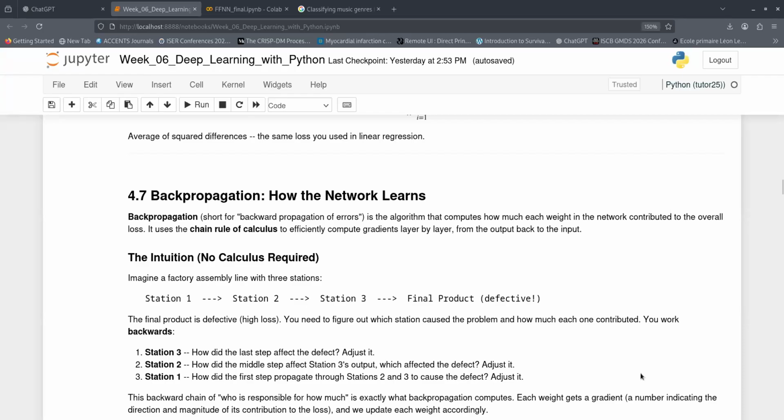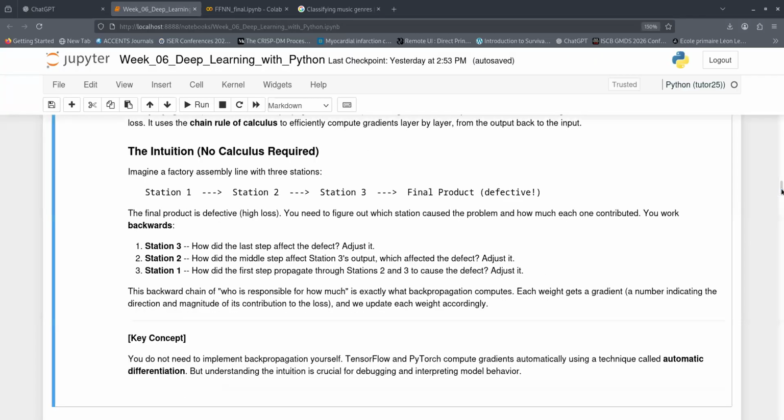Then I can adjust it. Now, this backward chain of who is responsible for how much is exactly what backpropagation computes. So we are just asking who is responsible for how much. That we call backpropagation.